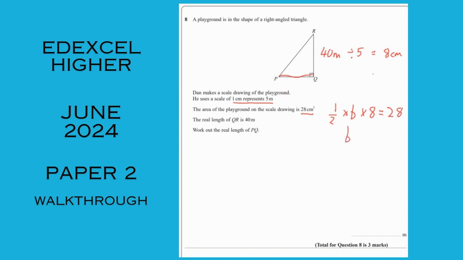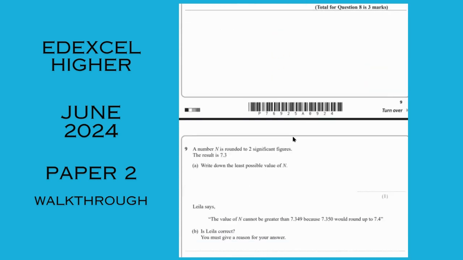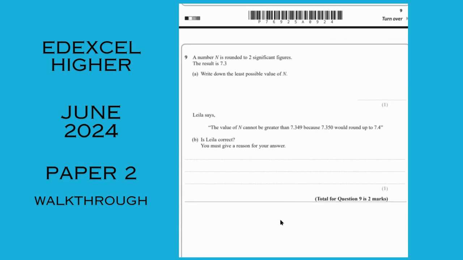Or in other words, 28 divided by that 4, we get the length of the base to be 7. So now we can move on. It says work out the real length of PQ, well, we've got it in centimeters. We need to times it by 5 to turn it into meters for 35. No calc needed.